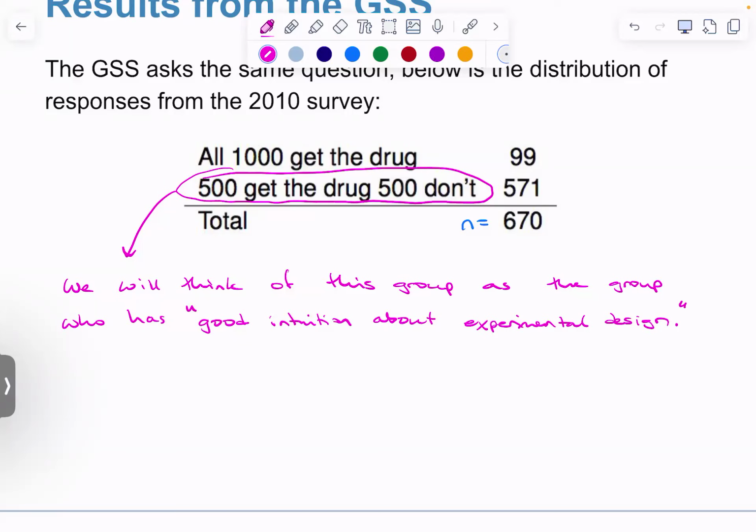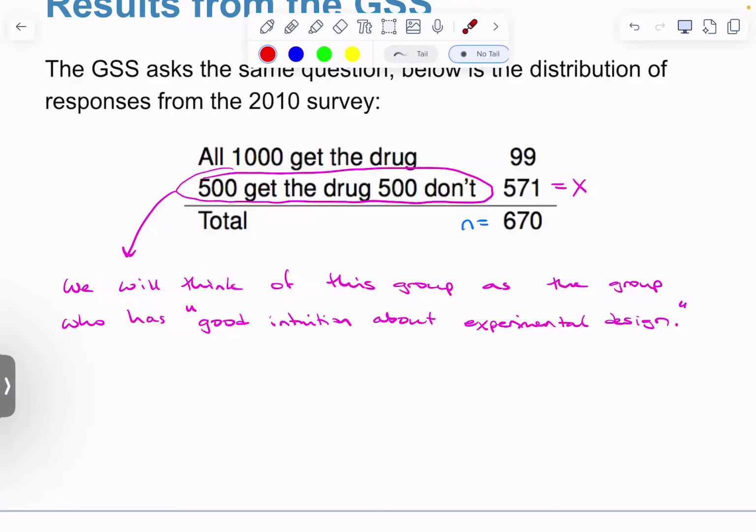Pretty lofty, but that's the wording that she uses, although I think she has a typo somewhere making it sound weird. But basically that's it. And so in this scenario, my number of successes is 571, right? If I wanted to talk about, okay, what proportion of Americans have poor intuition about experimental design, then my successes would be this one, right?